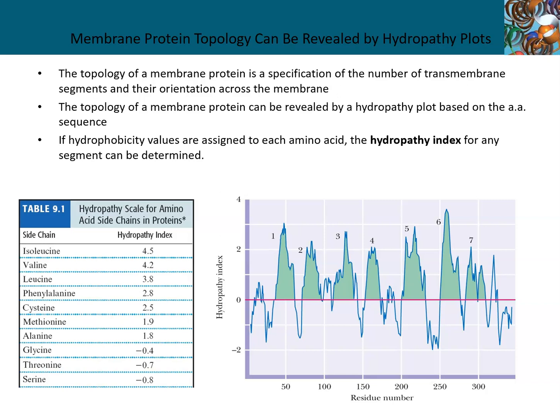These plots are called hydropathy plots, and each amino acid has a different hydropathy index, meaning how hydrophobic it is. If you're looking at this hydropathy plot in the bottom right corner, you can see distinct regions, 1, 2, 3, 4, 5, 6, 7, of this particular protein, which have groups of non-polar amino acids, followed by very short segments of polar amino acids, which are just those connecting loops.